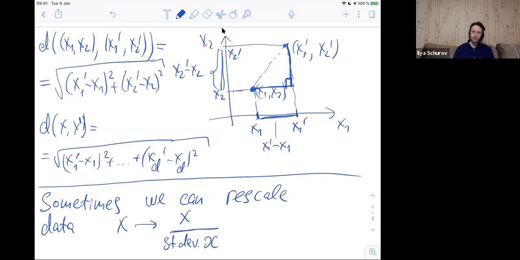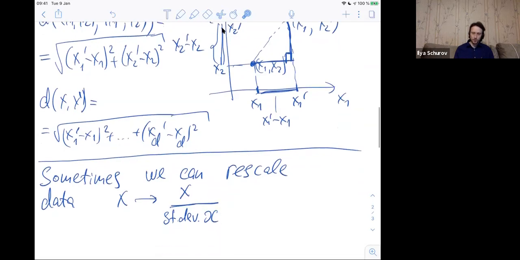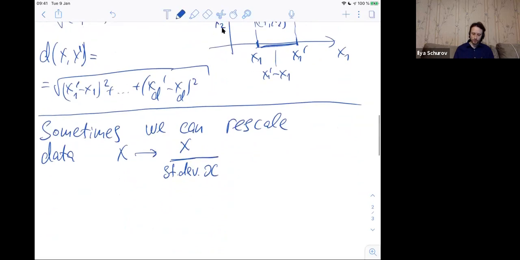So we make the standard deviation of each variable fixed, and then apply Euclidean distance. This is one way to avoid arbitrary choices of units of measurement. In a sense, we just measure our values relative to the standard deviation of the corresponding values. So this is one possible way to avoid arbitrary choices here.